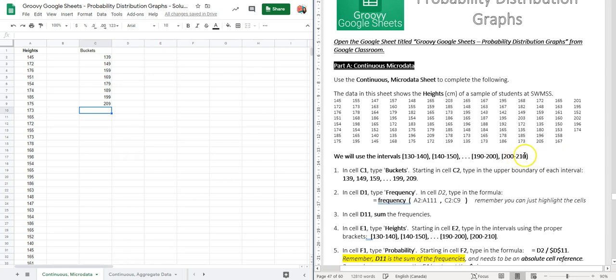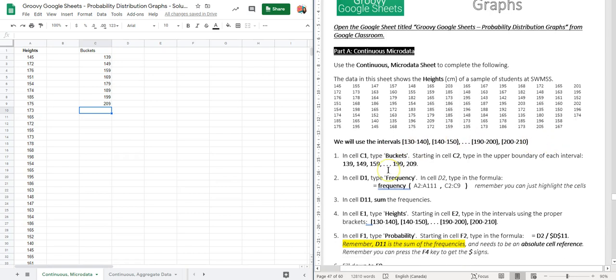So sometimes people may want to have a closed bracket here. It's okay for the last interval to have a closed bracket on both sides, but it's up to you. You may want another category. So if you had the number 210, you might want another category that says 210 to 220, but it's not necessary.